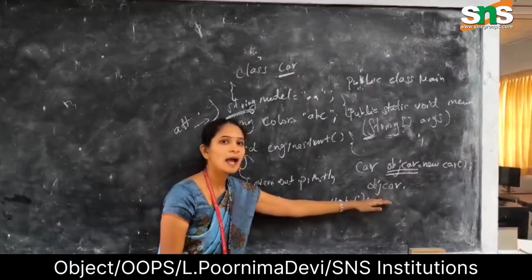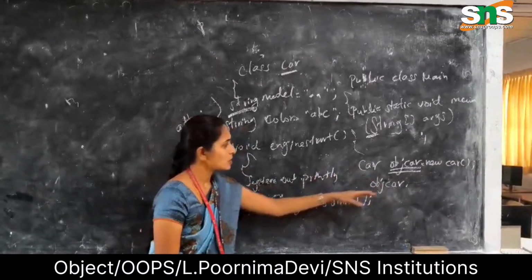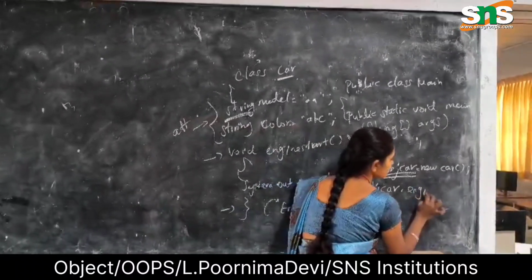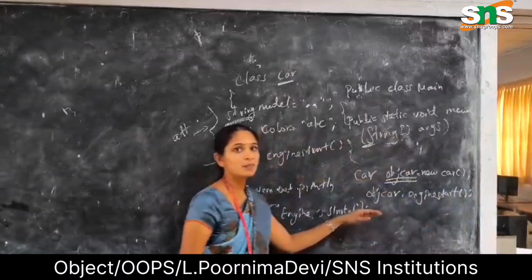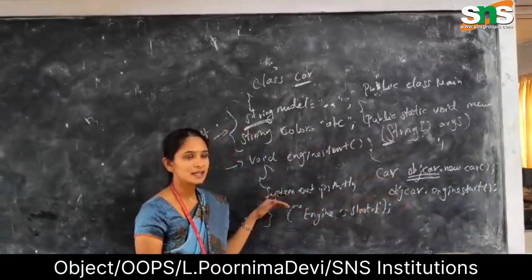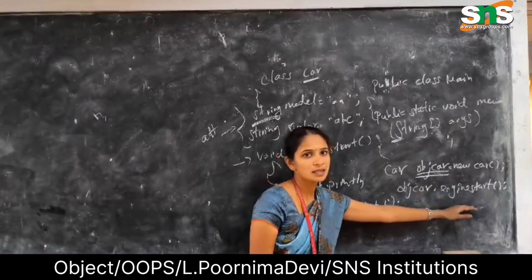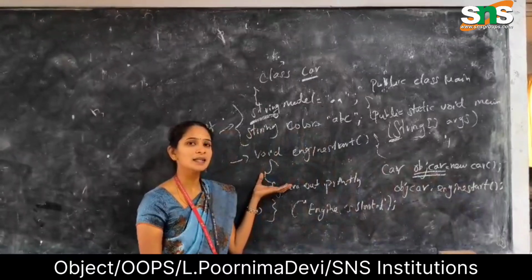Based on this, I call the method I created inside the class Car: objectCar.engineStart. This is the process for calling a method declared inside the class: object name dot method name.